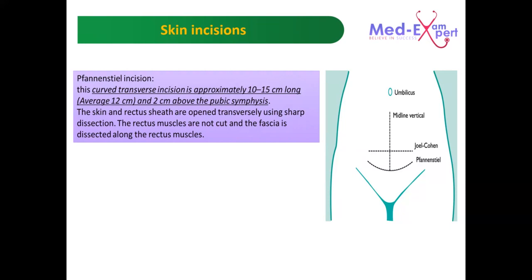For the transverse skin incisions, we have two main types. The first one and the most common one that we are using is the Pfannenstiel incision, which is a curved transverse incision, approximately 10 to 15 centimeters long, with an average length of about 12 centimeters.